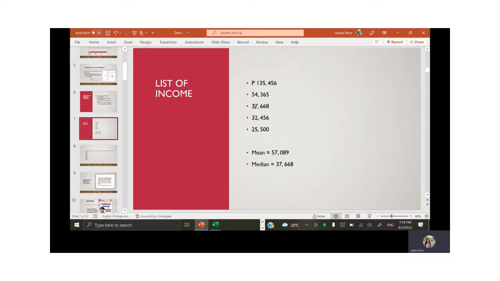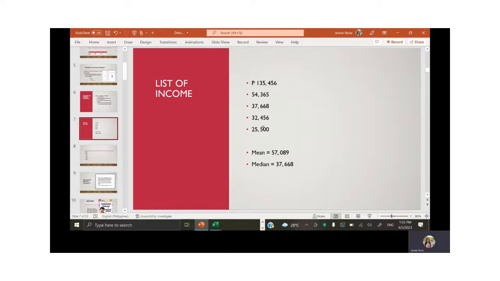In this list of income of 5 employees, we have here 135,000, 54,000, 37,000, 32,000, 35,000. If we will try to report the income of these 5 employees with only one number, and if we choose the mean would be 57,089.